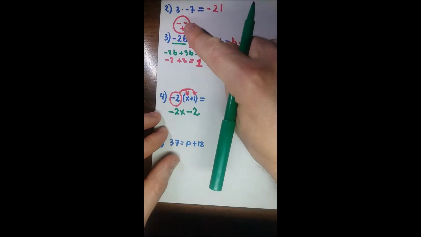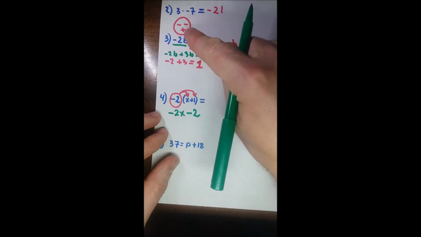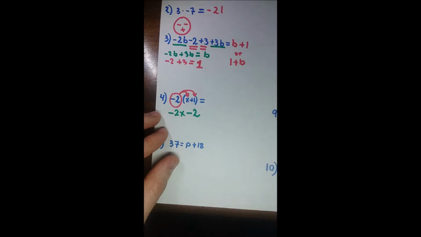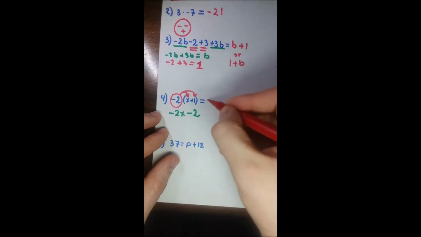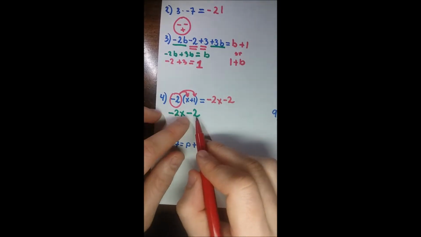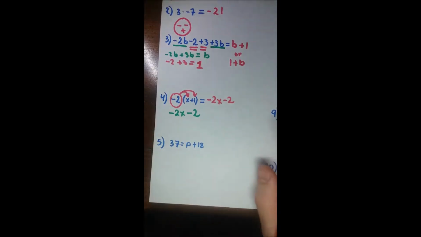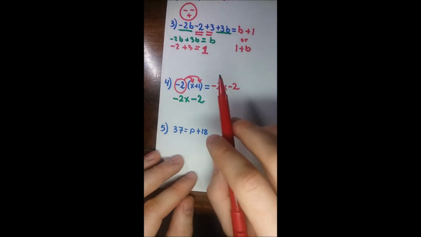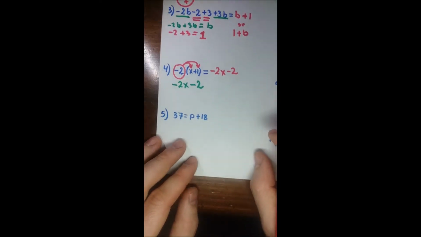Again, you can refer to our friend, Sleepy Man. Minus times a positive is a negative. So that's the answer. So I'm going to write it in red here. Negative 2x minus 2. If you swap places, minus 2 and minus 2x, it's okay. It just grammatically doesn't sound right. So you always want to have a term with a variable first.